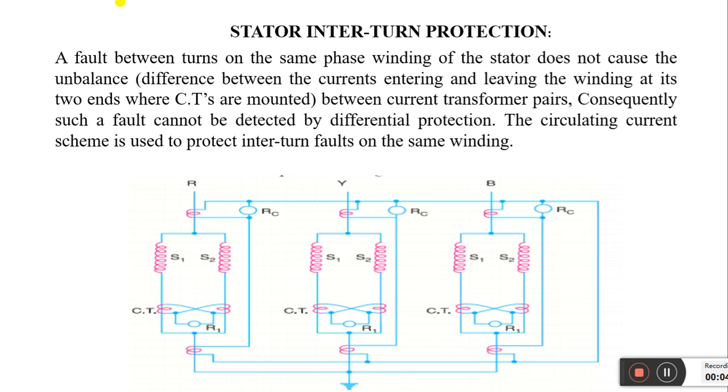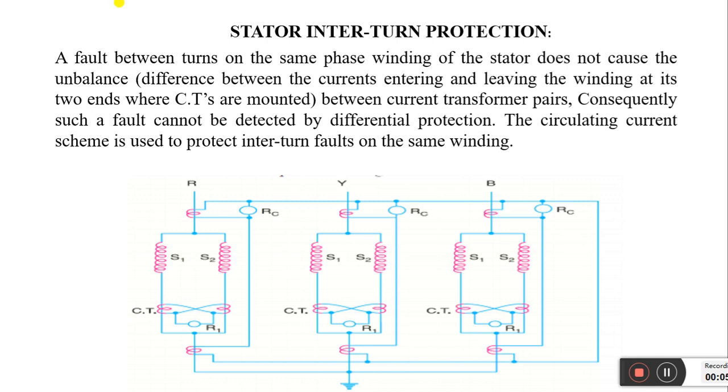As we have discussed in previous classes, in transmission lines or distribution lines we can provide differential protection or percentage differential protection, and that works very well there. But in the case of stator interturn faults, if we apply the same differential protection, it may not work properly.